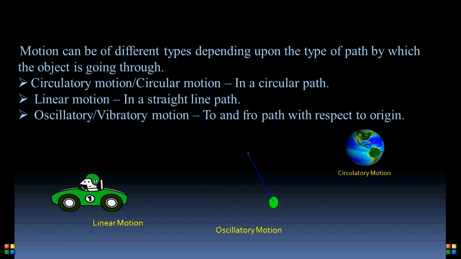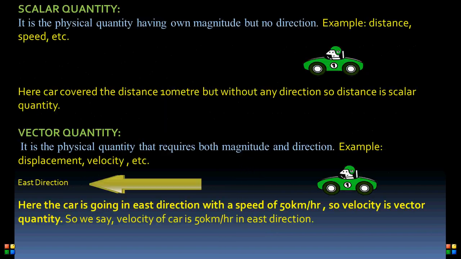Now we move further, and before we start the topic distance or displacement or speed or velocity, first we try to understand these two very important terms. The first one is scalar quantity and the second one is vector quantity. As per the definition, a scalar quantity is a physical quantity having only magnitude but no direction.